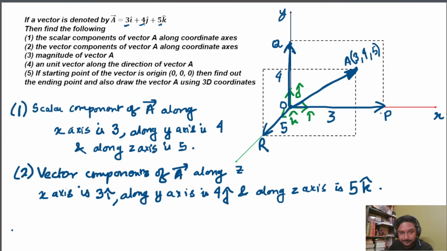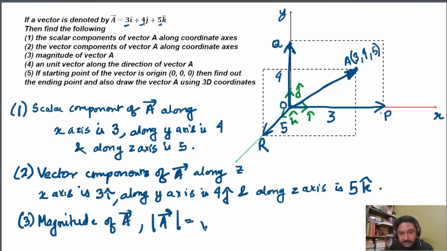But first, let us see the magnitude of vector A, which is denoted by mod vector A, which will be the square root of the scalar components. We have to square the scalar components and add them. So the scalar components were 3, 4, and 5. So just square them and add them: 3 square plus 4 square plus 5 square.